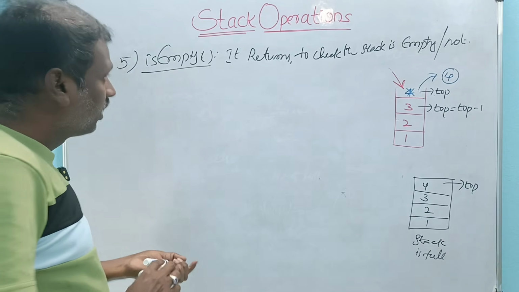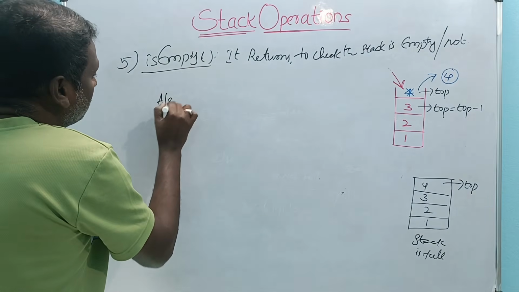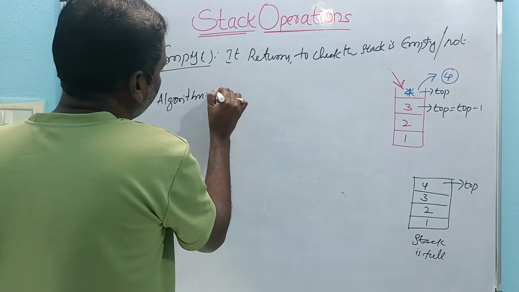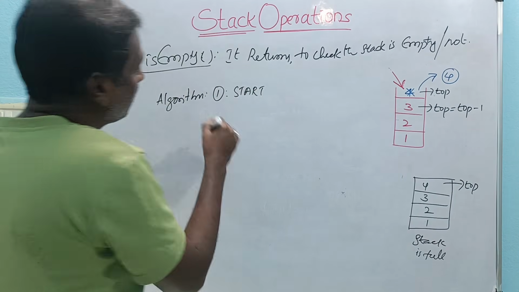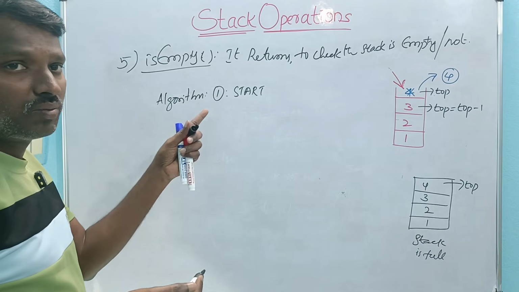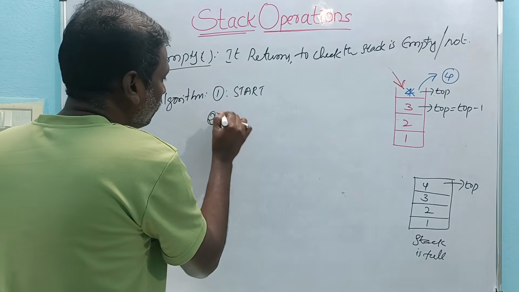So what is that algorithm? I am representing the algorithm of isEmpty. Step 1, start. What is the start? To find the procedure of whether your stack is empty or not. So first one, start. Step 2.